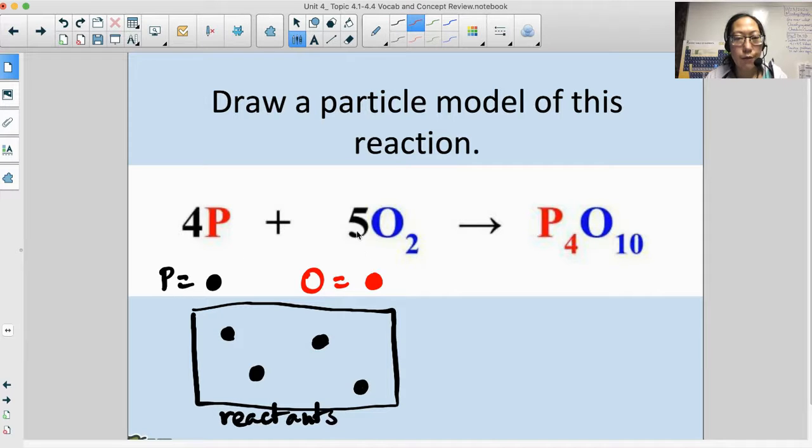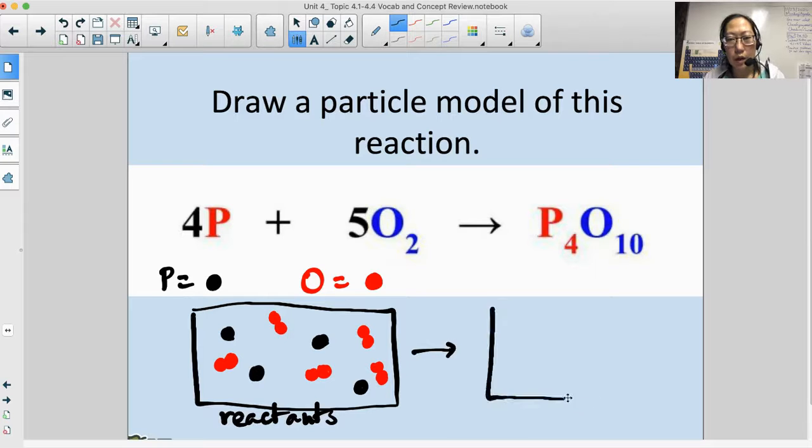Now I need to make 5 O2 molecules. So here's 1, 2, 3, 4, 5. Okay, so there's my reactants there. Now I want to draw my products.